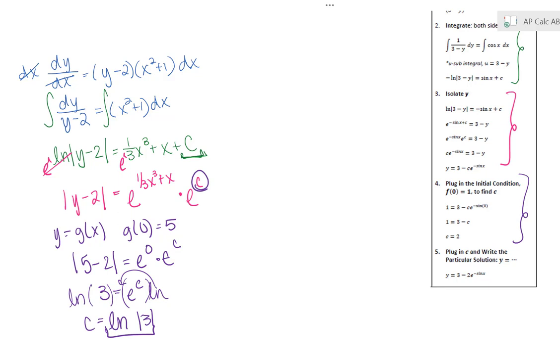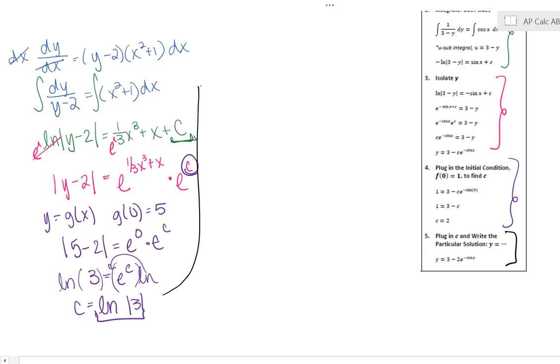This is working on step 5. So I have the absolute value of y minus 2 equals e to the 1/3 x cubed plus x times e to the natural log of 3. Remember that these cancel out, so I'm just left with 3.